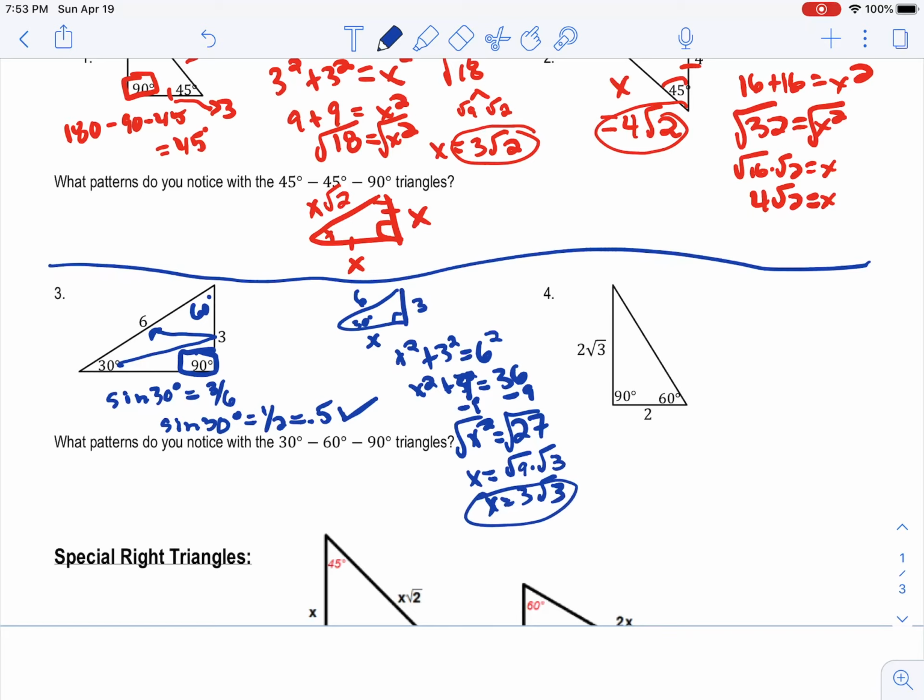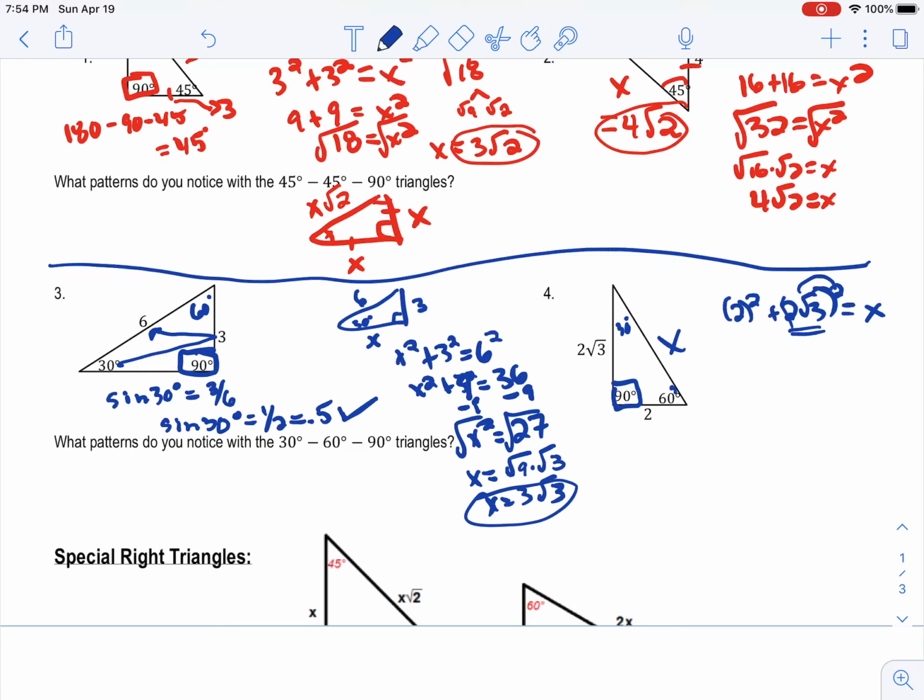Let's look at another one. All right. So this time, I have 90. I have 60. So this one up here is my 30. Okay? We do Pythagorean theorem to find this one. We have to take 2 squared plus 2 square roots of 3 squared. I'm using parentheses on these because the second one absolutely needs parentheses. We're going to have to distribute that squared to both.